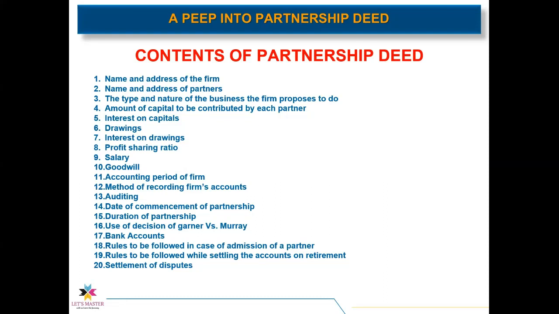If the partners decide not to say anything about goodwill, or the profit sharing ratio, or interest on capital, they can still create a partnership deed leaving aside some pointers as per their agreement.